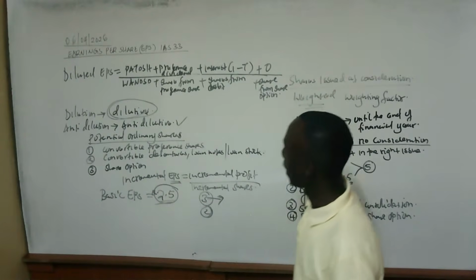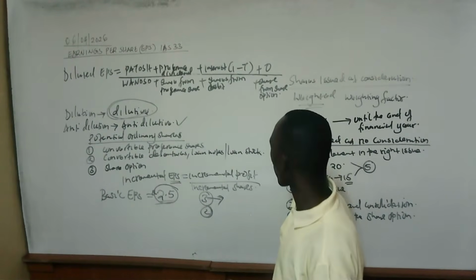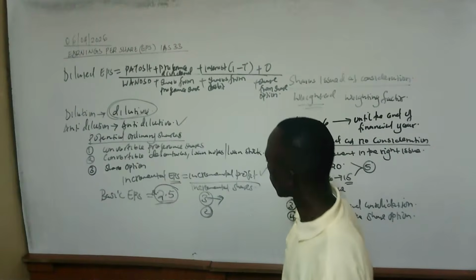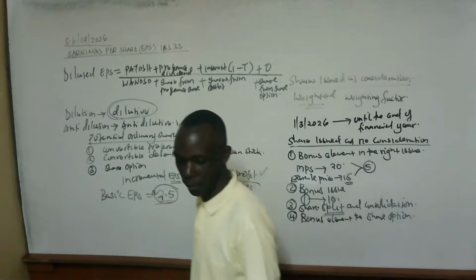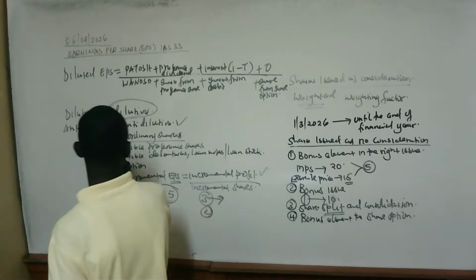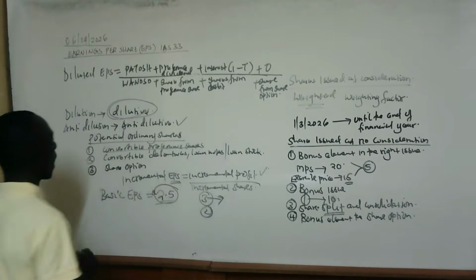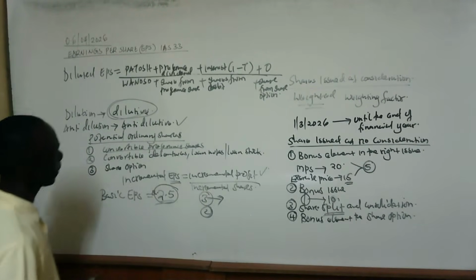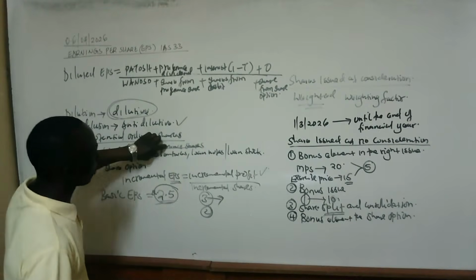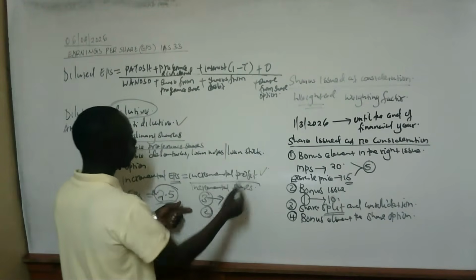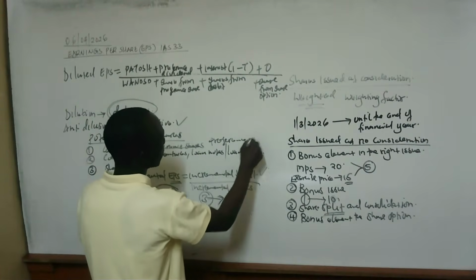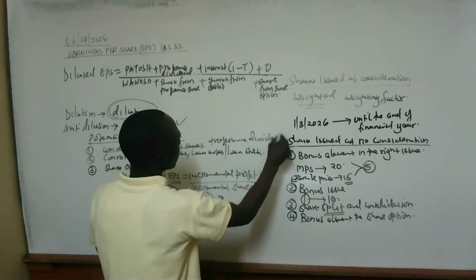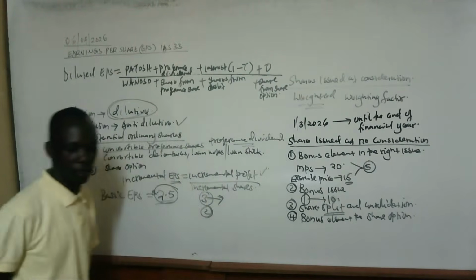Therefore, how can you get incremental profit? It is very important. For the convertible preference shares, the incremental profit will be the preference dividend.